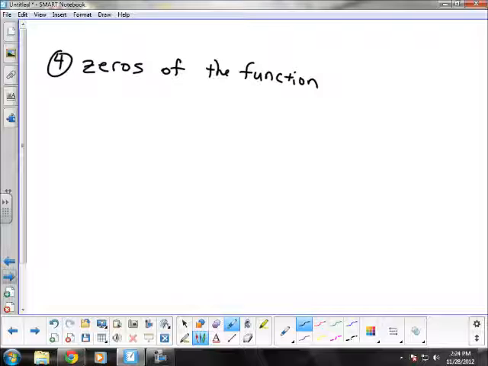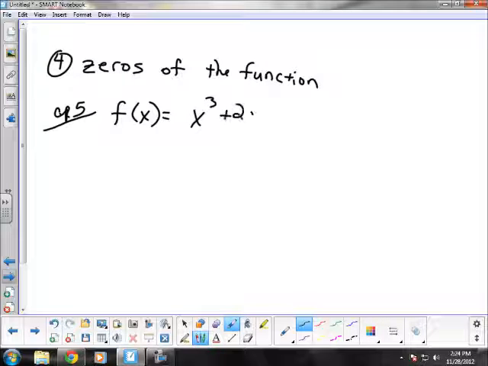When we talk about zeros of the functions, that's where the function value is 0, which are the x-intercepts. Okay? So if you have an equation or a function, f of x is equal to x to the third plus 2x squared minus 4x minus 8. Then to find the zeros of the function, what that says is I'm going to say 0 is equal to this.